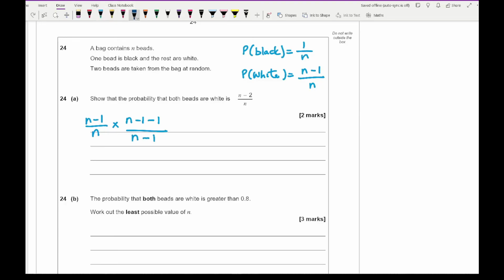Simplifying this, I have n minus 1 over n multiplied by n minus 2 over n minus 1. From this, we can spot that n minus 1 cancels out, and it just leaves us with n minus 2 over n, which is what it wanted us to show.